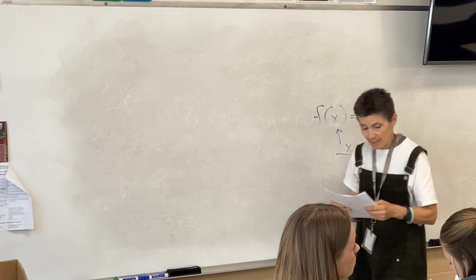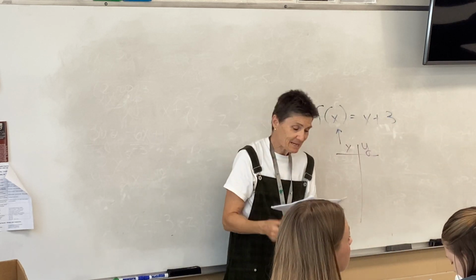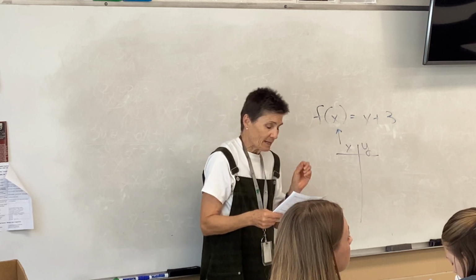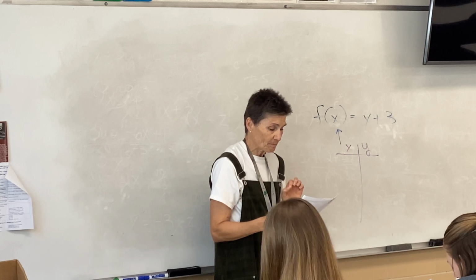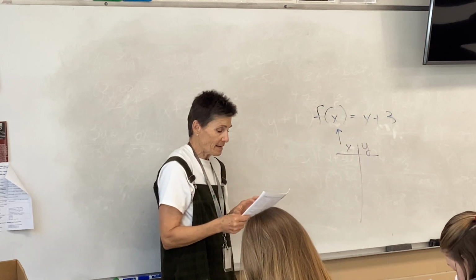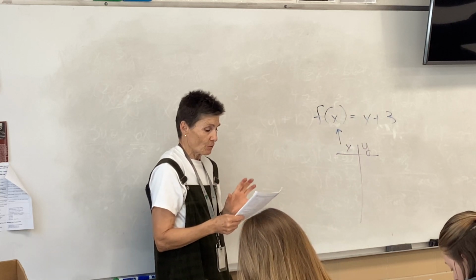Okay, take a minute and see if you can figure out example 1A on your own. It says sketch a graph for this domain, -4 to 4, for the function below.